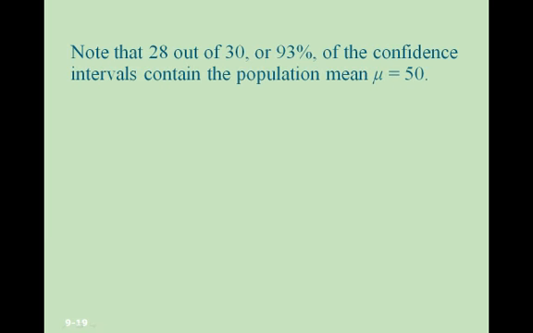So we take note that 28 out of the 30, or 93% of the confidence intervals, contain the population mean mu equal 50. And that value of 93% just came from calculating 28 divided by 30 and rounding.